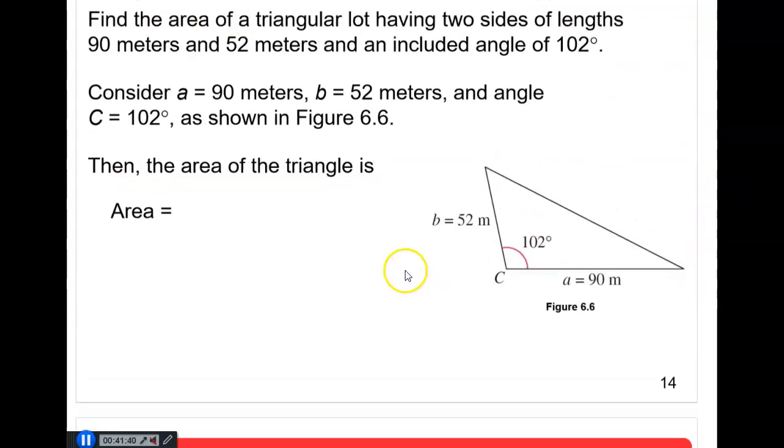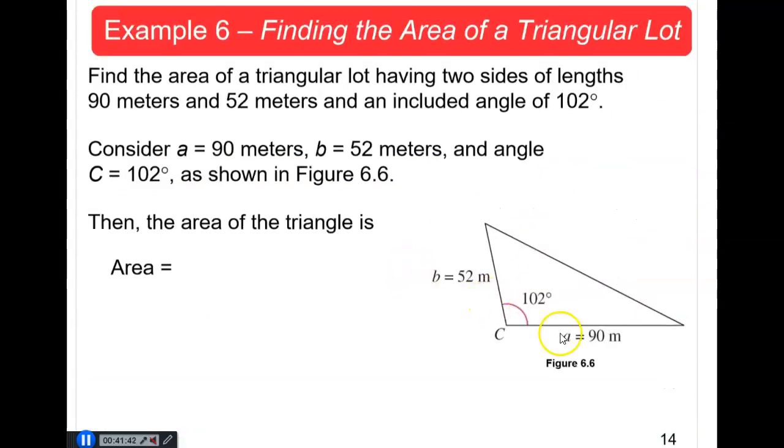Okay, so we're going to find the area of the triangle here. And so we see that we have two sides and we have the angle in between them. So let's see, we have side A. Well, first of all, we need 1/2.